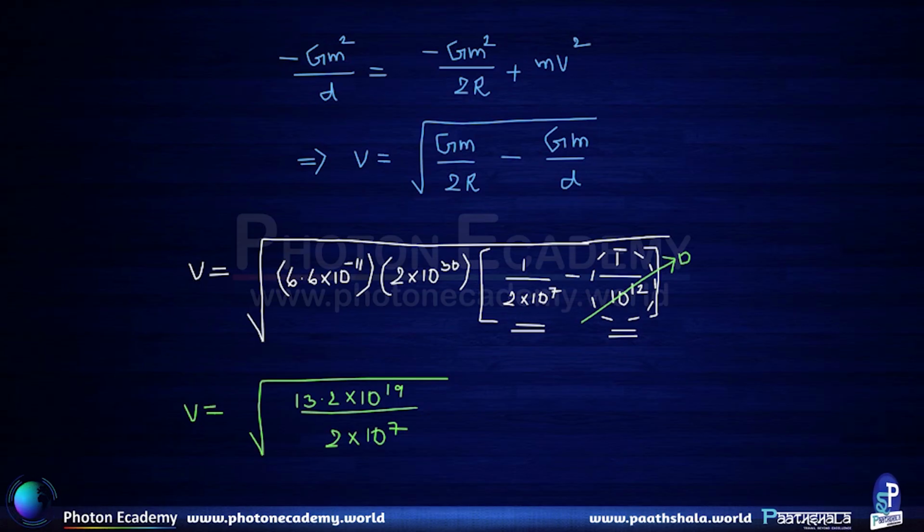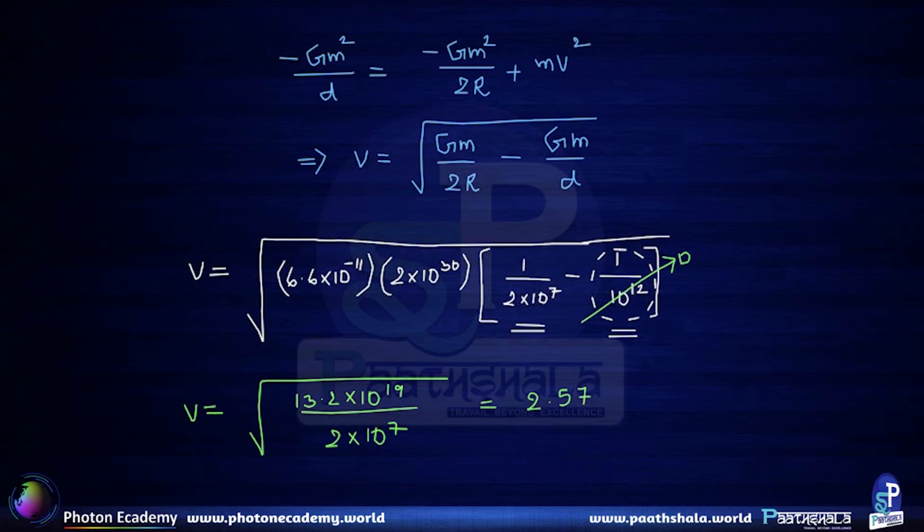This comes out to be 2.57 into 10^6 meters per second. So this is the velocity with which both the stars are going to collide.